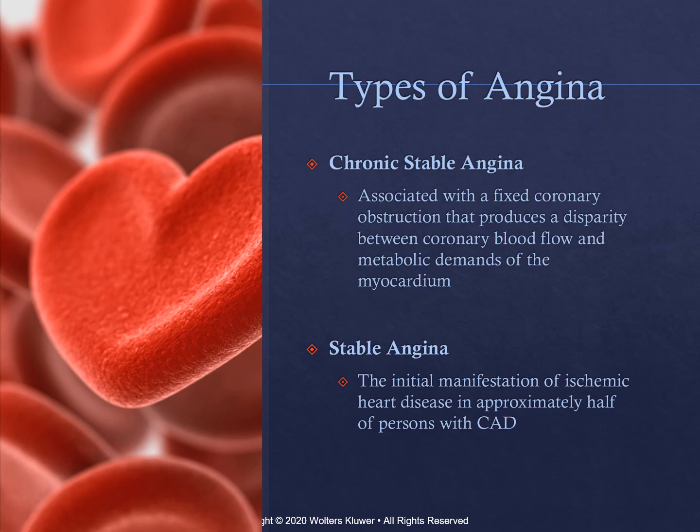So within the types of angina, chronic stable angina is associated with those really fixed coronary obstructions, those fixed plaques that start to produce this disparity between coronary blood flow and the metabolic demands of the myocardium. So usually with stable angina, that means that there's potentially pain in the chest, that anginal chest pain, but only at times of increased myocardial workload.